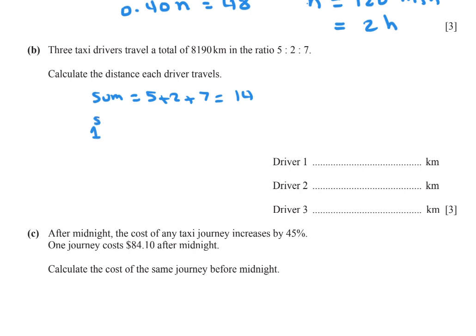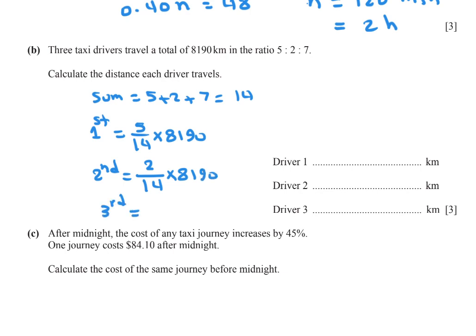So the first driver, 5 parts out of 14 times the total. And the second driver, 2 parts out of 14 times the total, which is 8,190. And the same for the third, 7 over 14 times 8,190.